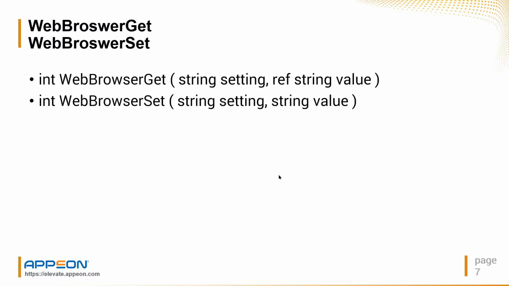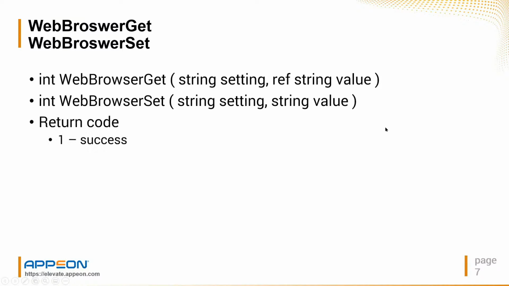Some of the properties that you're going to want to work with have to be set before the control gets instantiated, and after the control is instantiated, they can't be changed. That's why it's a separate PowerScript method. So there's the get method. You can pass in the name of a setting, and it will return what the setting value is. If you're going to do a set, you pass in the setting and the string value.